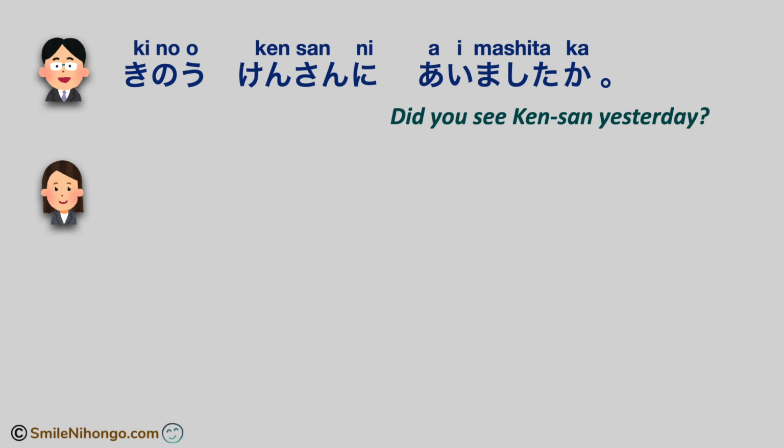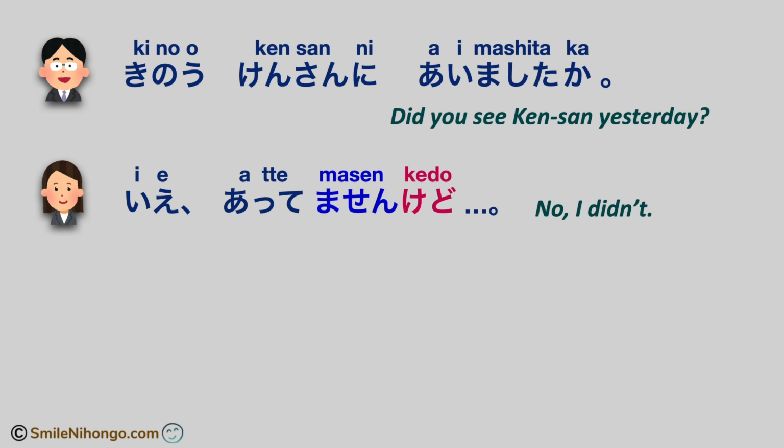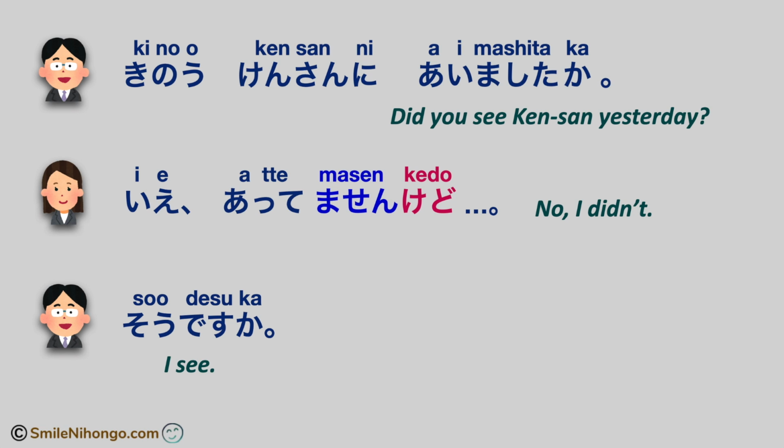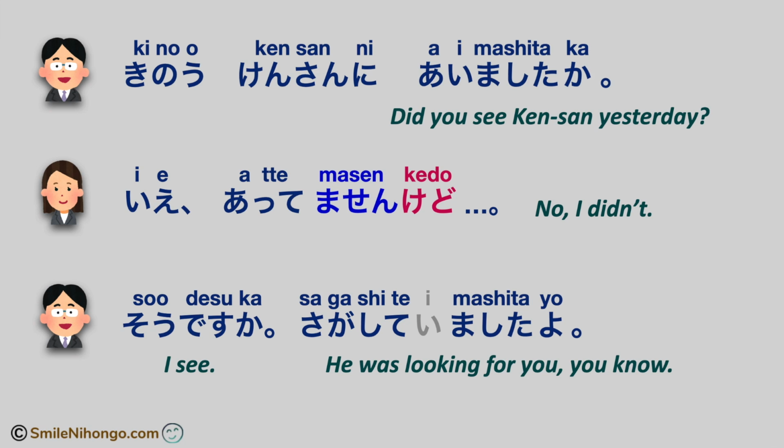So most likely the woman would respond with てません like this. いえ、会ってませんけど。Then he may say something like, そうですか。探してましたよ。And now it's clear in the context why he asked her the question.